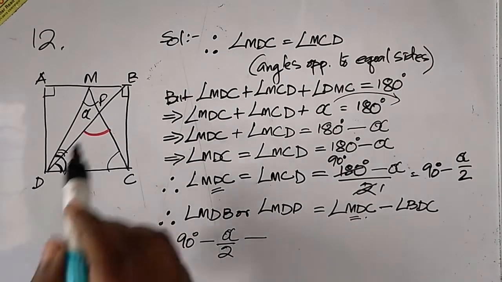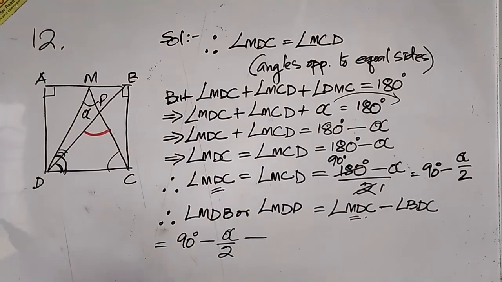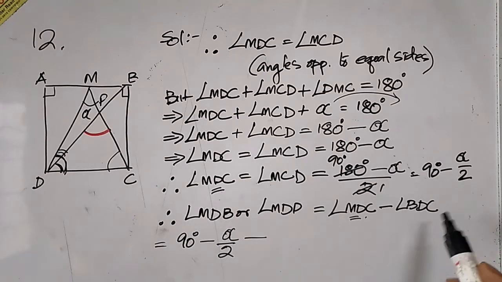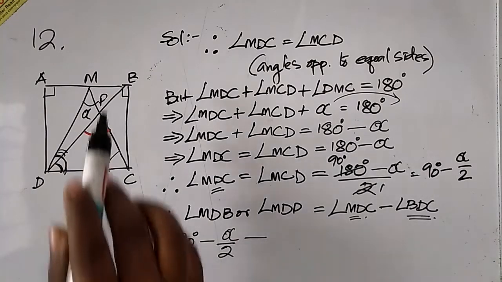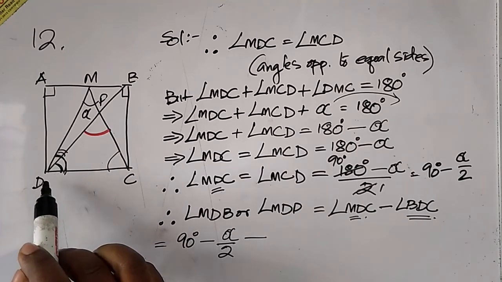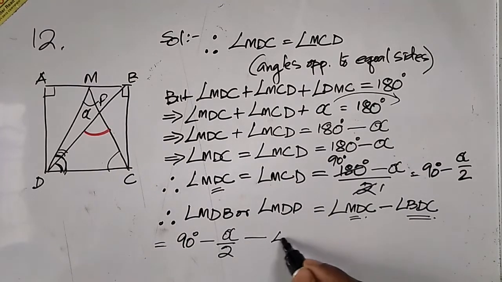Now here you notice that BD is a diagonal, right? That means it divides the angle into two equal halves. The angle that we have here is 90 degrees. It's a square. So because it's a diagonal, angle BDC will be how much? Half of 90 degrees, that is 45 degrees. So here we have to write it as 45 degrees.